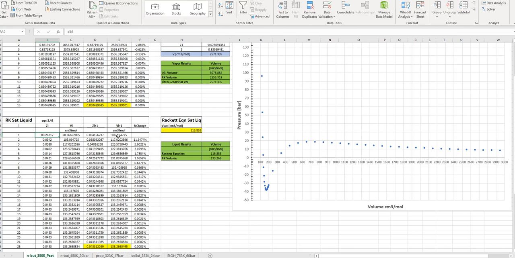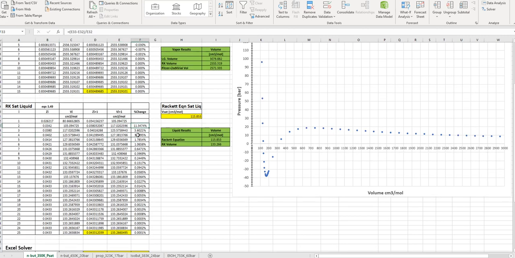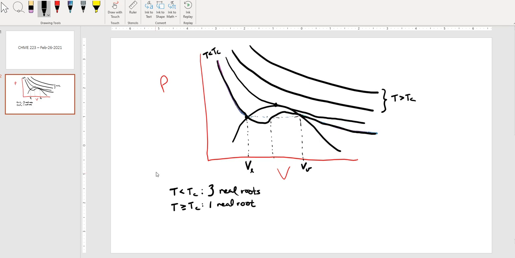You can see that once I do my next iteration, that's a pretty big error. And you can see that it is a slower converging process. That makes sense if you go back to the slope here. It's slower converging here than it is for here because the slopes are different.